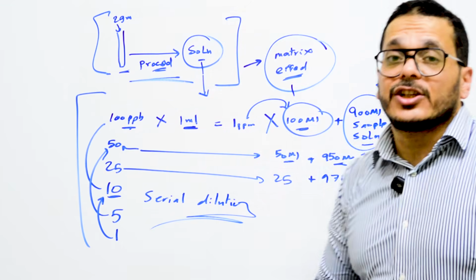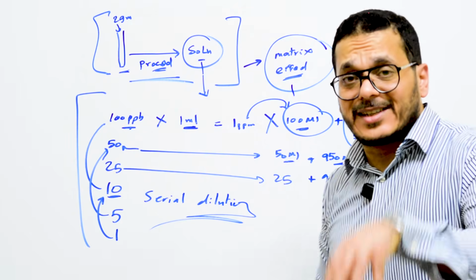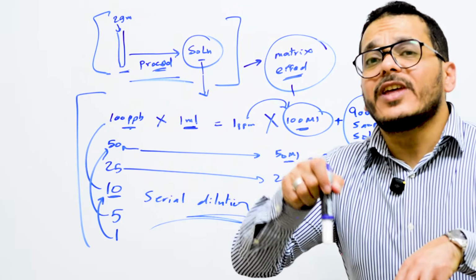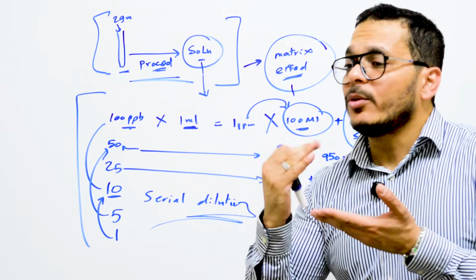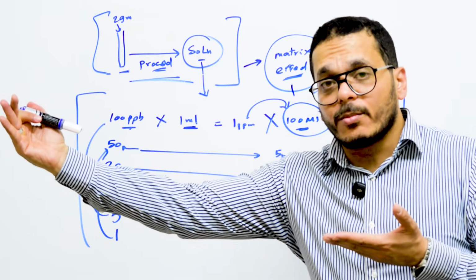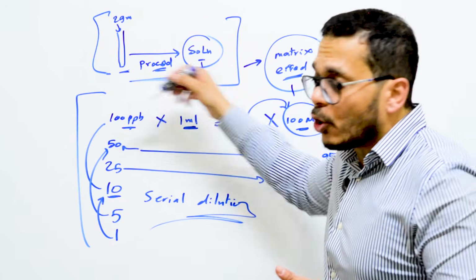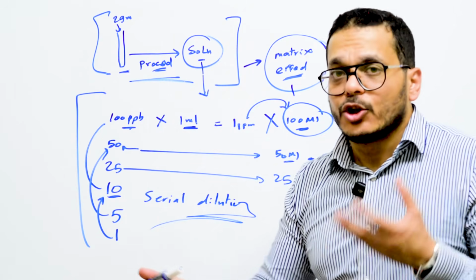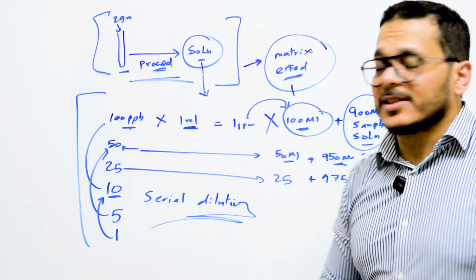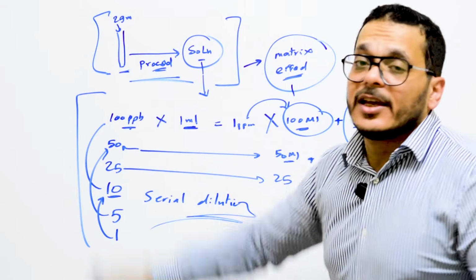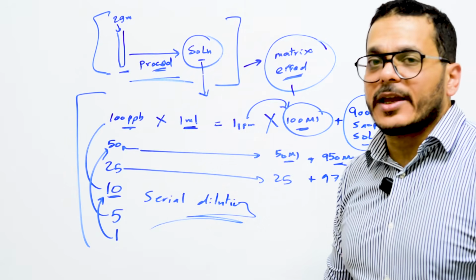That will be in the matrix itself. You will remove the effect of the matrix, but there will be no other effect from the whole procedure. Because during the whole procedure there are many other effects, not only the matrix effect, and those will be calculated during the recovery or from the spiked sample.